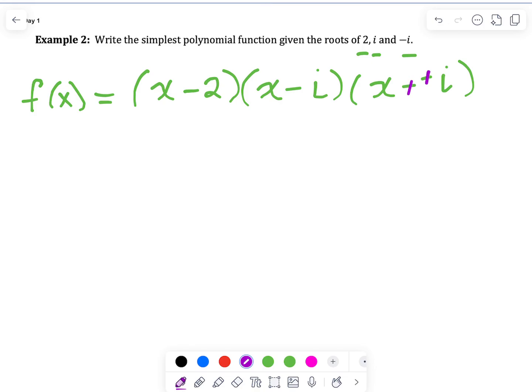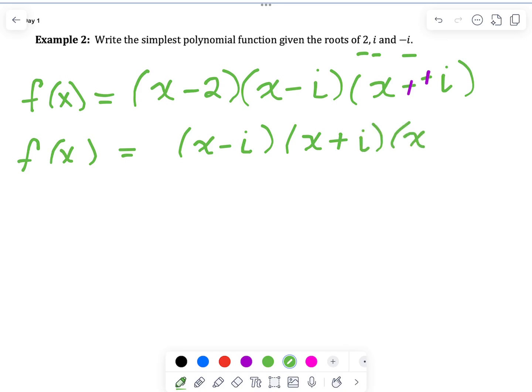Now we need to multiply the polynomials together. So I'm just going to write the imaginary roots factors first, and then the real root at the end. When we multiply, we're going to multiply the complex factors together.